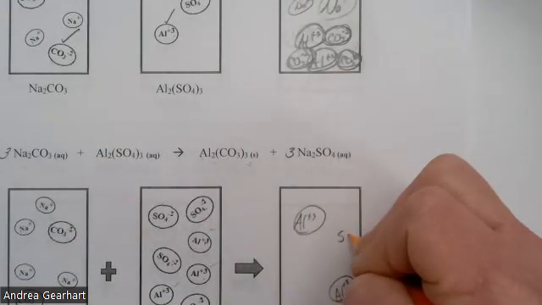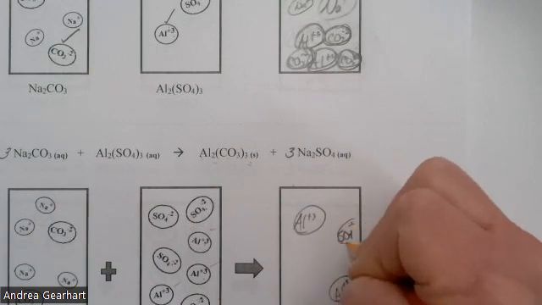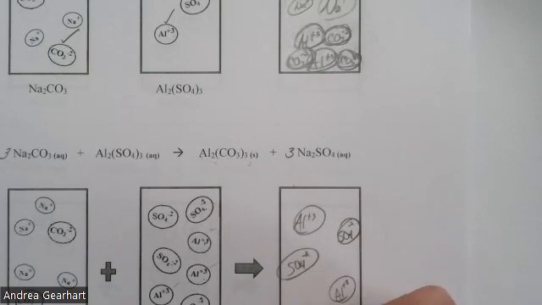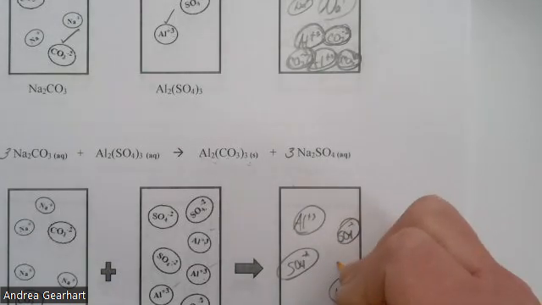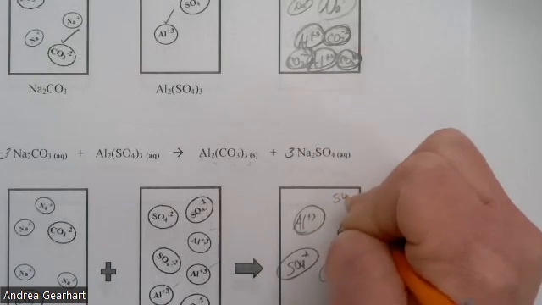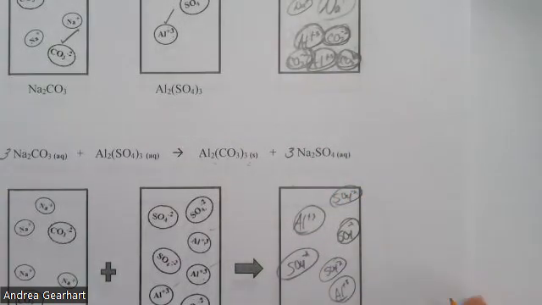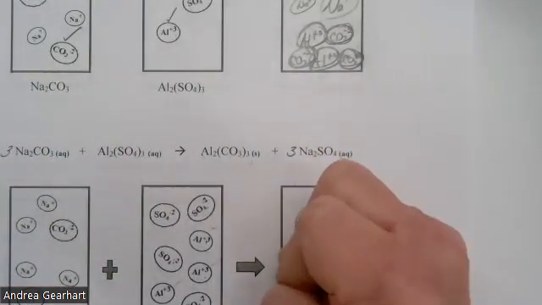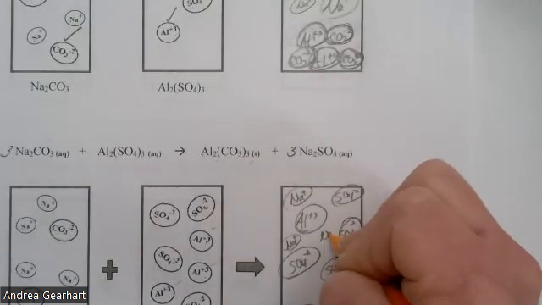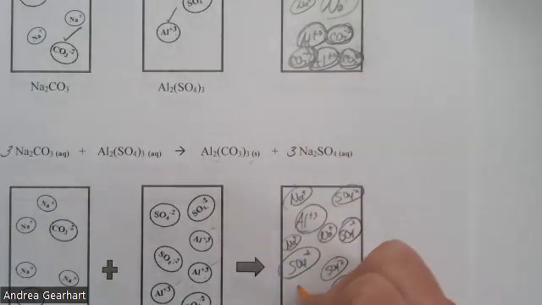Just for sake of time, I'm going to draw these quickly. I'm sure you can draw them much more neatly. Another sulfate, 4, 5, and then 6. And then all of our sodiums, 1, 2, 3, 4, 5, and then 6.